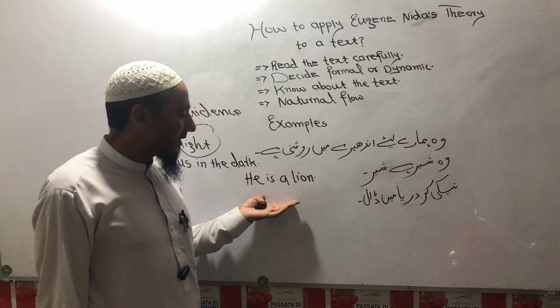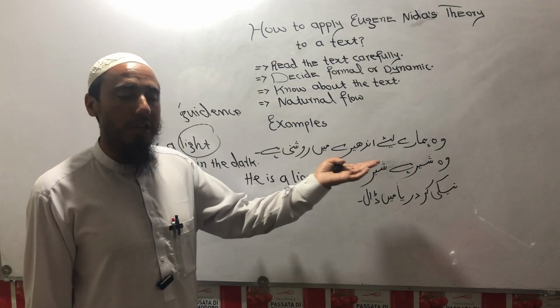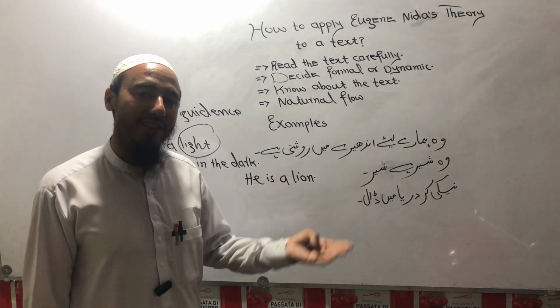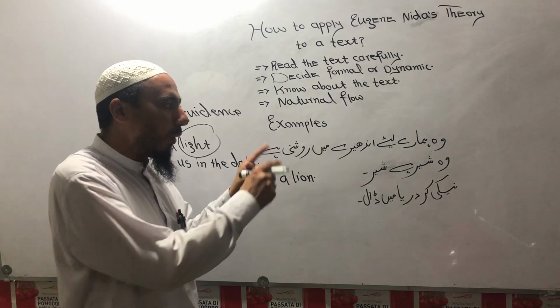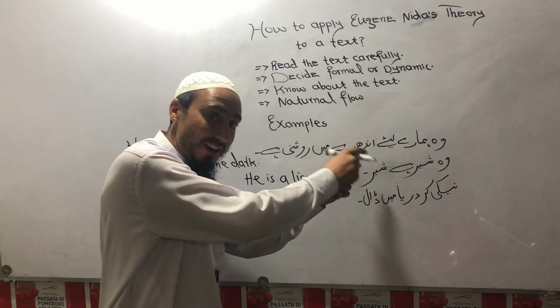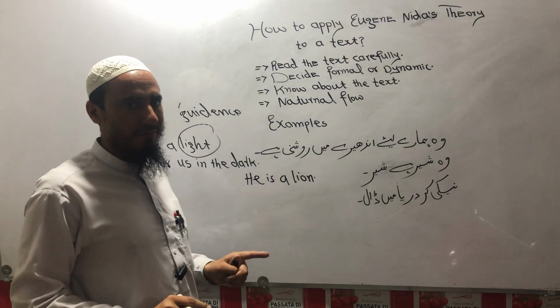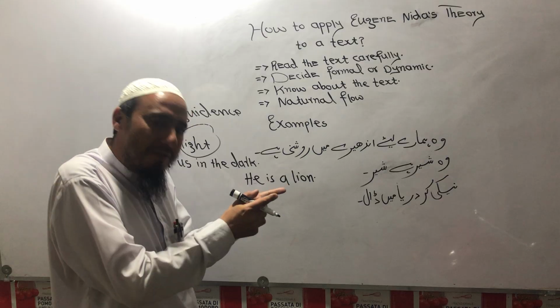But still, if I am translating it into dynamic equivalence, the message will be more clear. Here, the message is clear only to the Urdu readers because they understand that it is actually an idiomatic expression. I am comparing the lion with the human or the human with the lion.